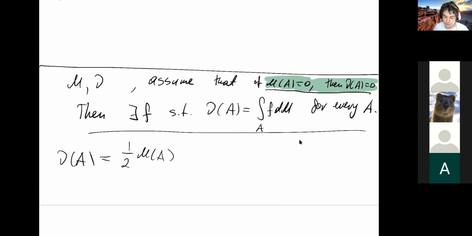Because if mu of A is 0, then nu of A is 0 divided by 2, which is 0. And then how do we cook up this function? Well, this function is just a constant. If we integrate 1/2 over A, we get 1/2 times mu of A. So the goal is to prove it for a bigger class of measures.